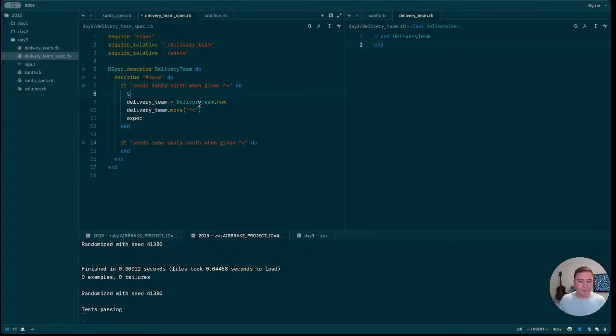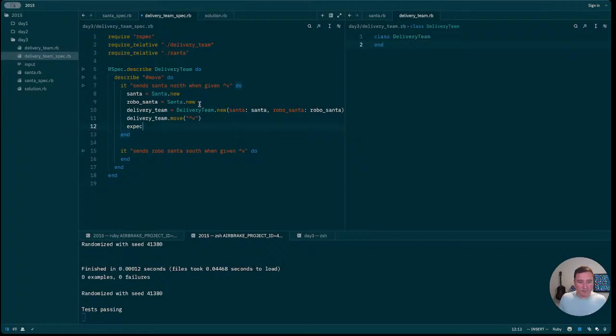Or we want to do Santa equals Santa.new, robo Santa equals Santa.new. Actually, we can do it with named parameters for our sake.